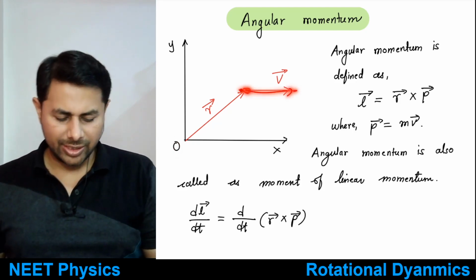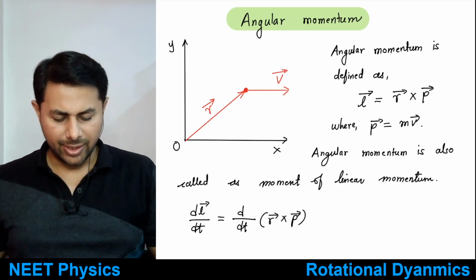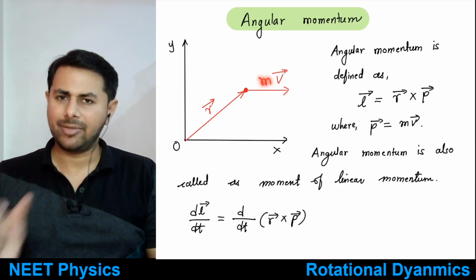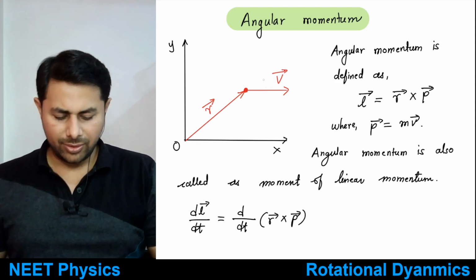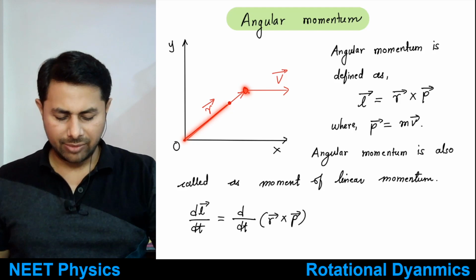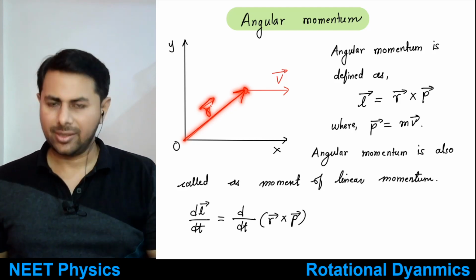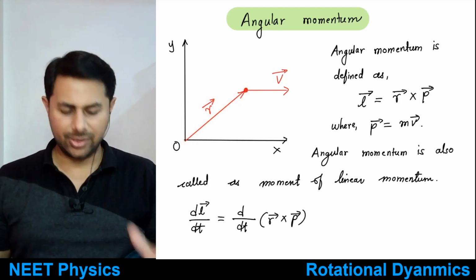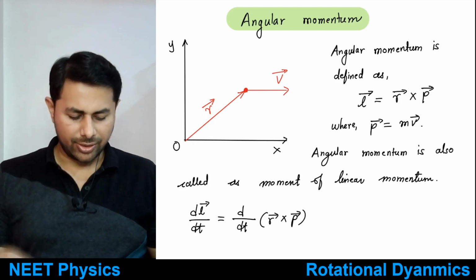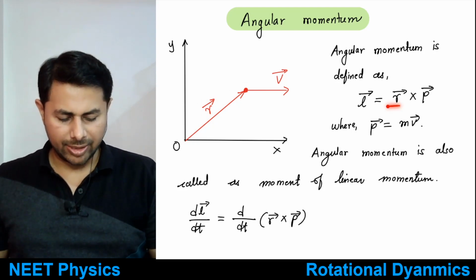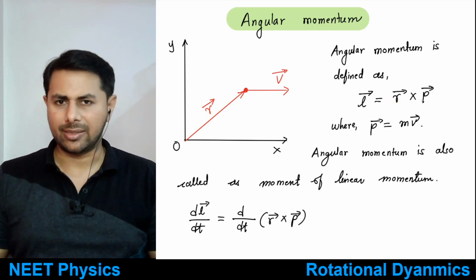So the particle is moving this way, and momentum can be written as m times v bar. At the moment the position vector of the particle is r bar, then its angular momentum is just r bar cross p bar. What is angular momentum? It is r bar cross p bar.